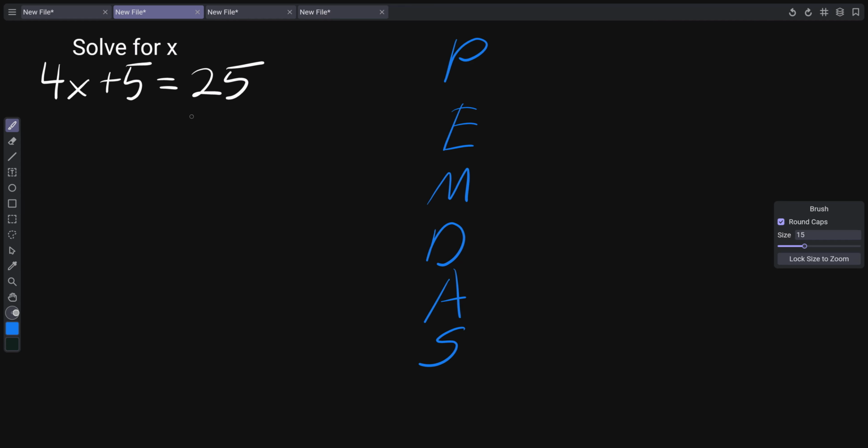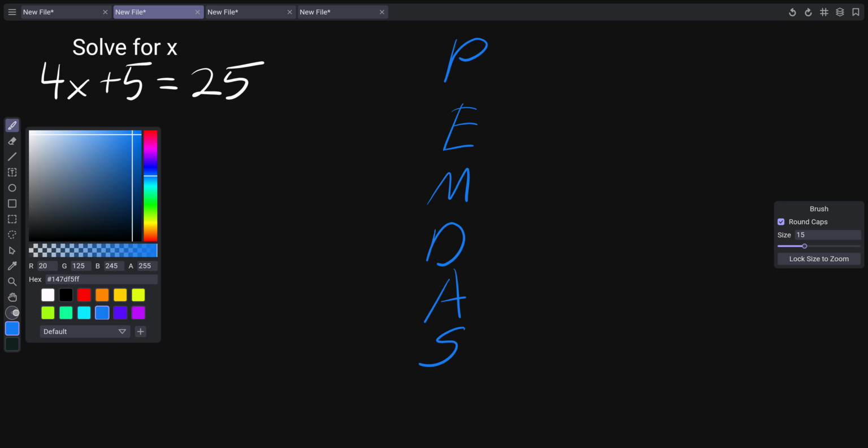That isn't really the way you'd want to go about it, because when you're solving for x, and you're working across the equal sign, you actually want to do the order of operations in reverse.